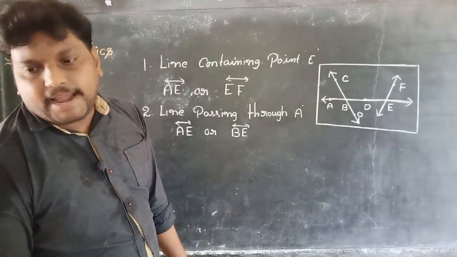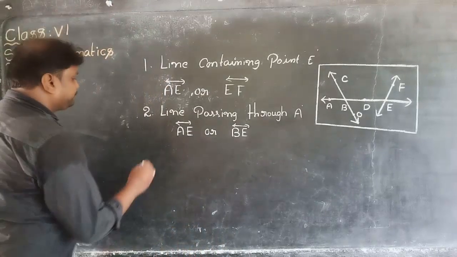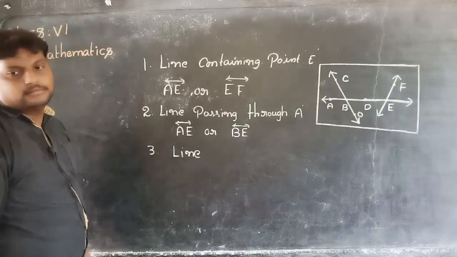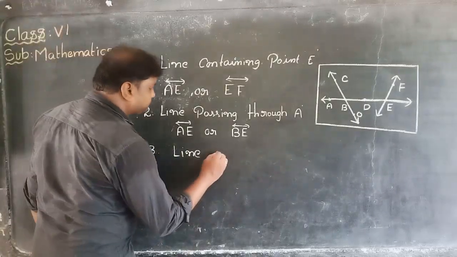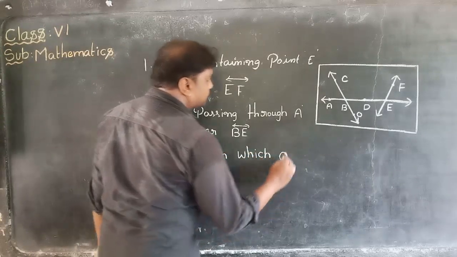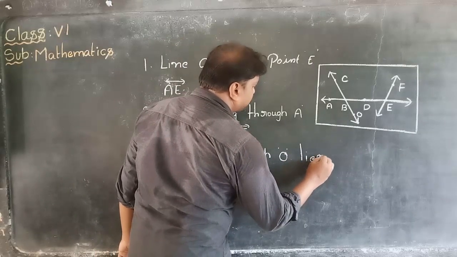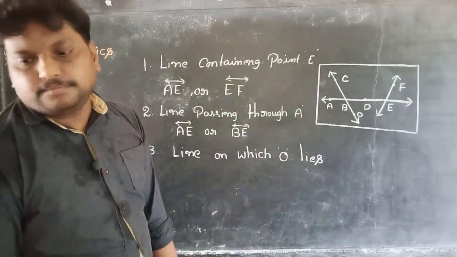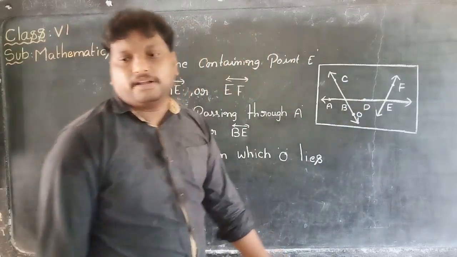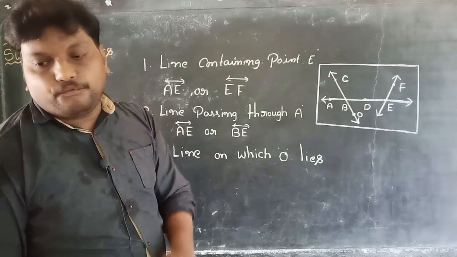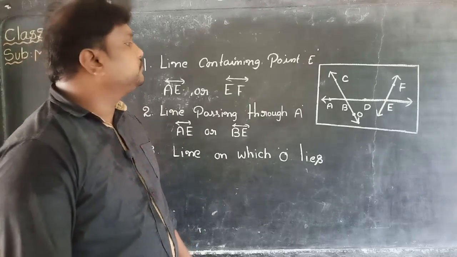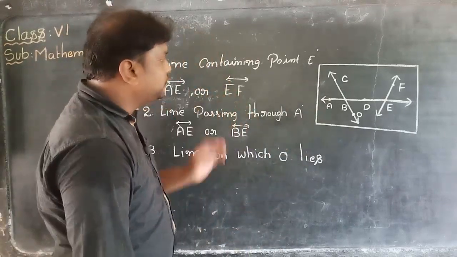Okay. Next one, line on which O lies. See here the point is O. Which line is having O?